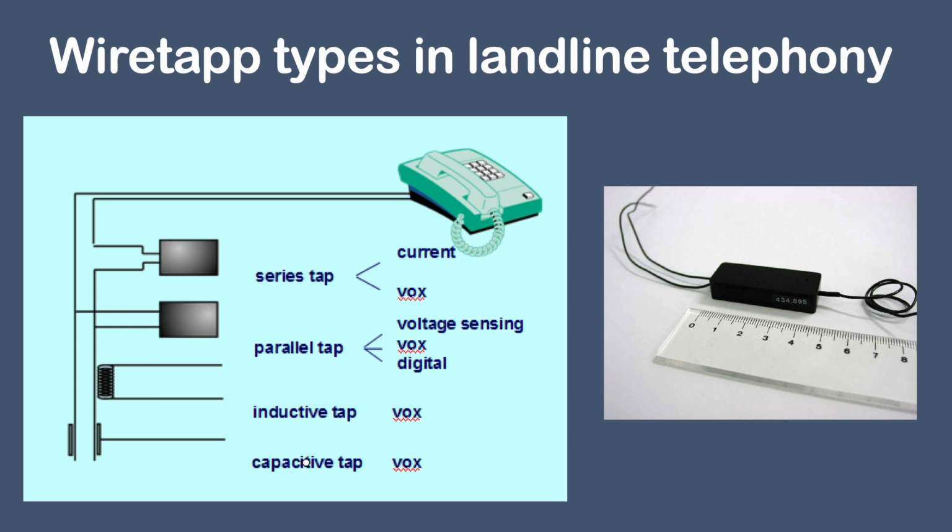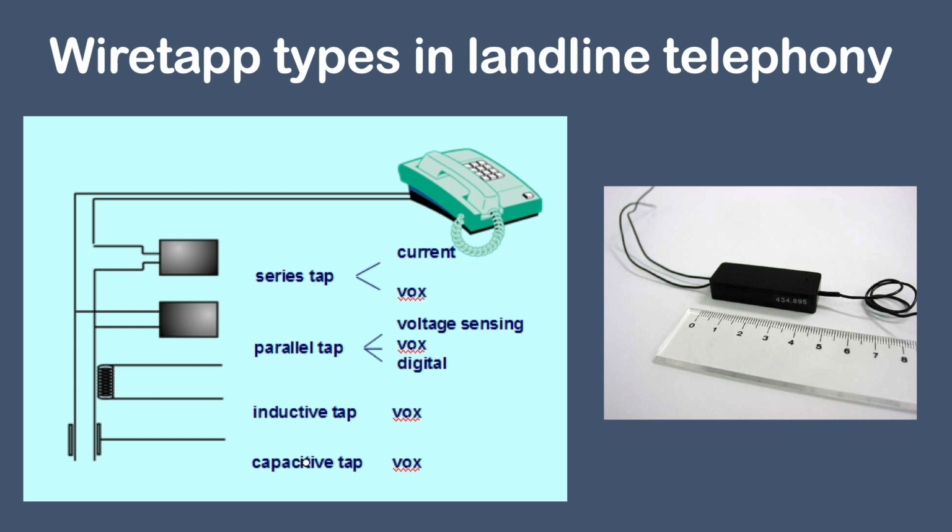So the current induced in the second conductor will vary according to the original current, providing us with a duplicated signal, basically. Since the signal is magnetically induced, no direct connection to the original conductor is required, and in this sense, when we make a sweep on telephone lines, it is much more difficult to discover traces of wiretapping that were made in the past.